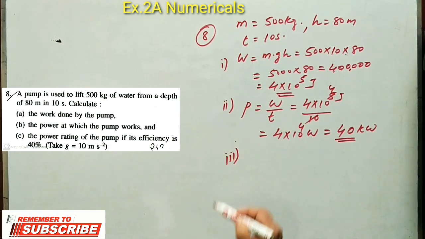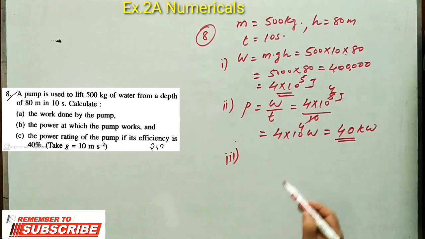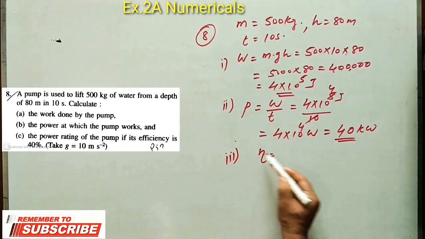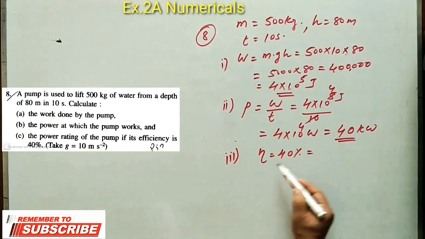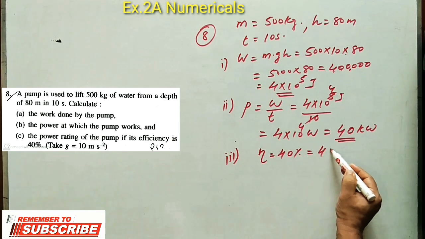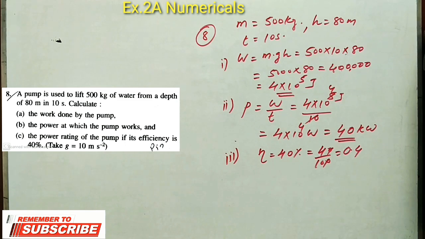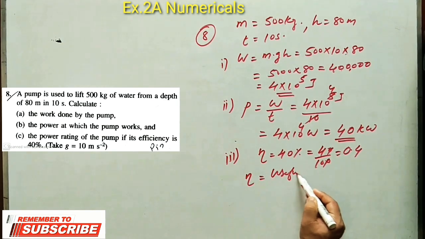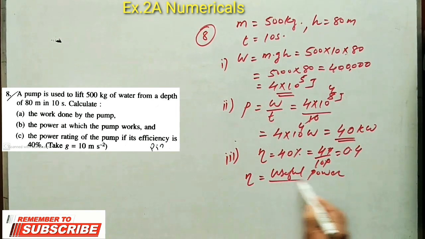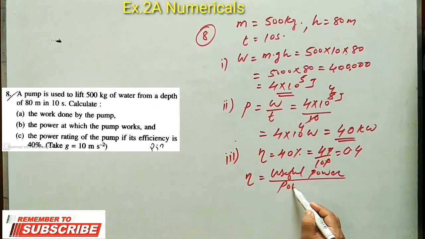So what's the third part? Part C. The power rating of the pump, if its efficiency is 40%. Efficiency is given, eta is equal to 40%. So as you know, 40%, you can write 40 divided by 100, that's equal to 0.4. So you have to calculate the power rating. Efficiency is equal to, you know the formula of efficiency, useful power divided by power input.